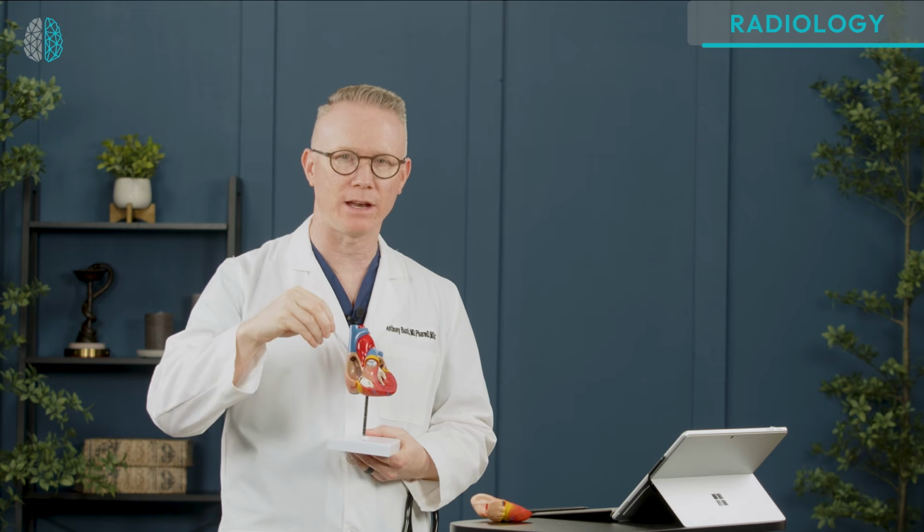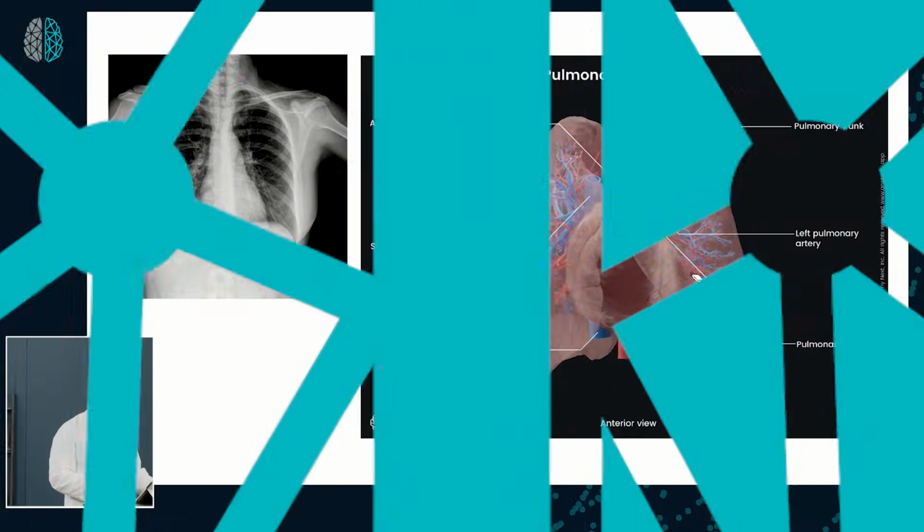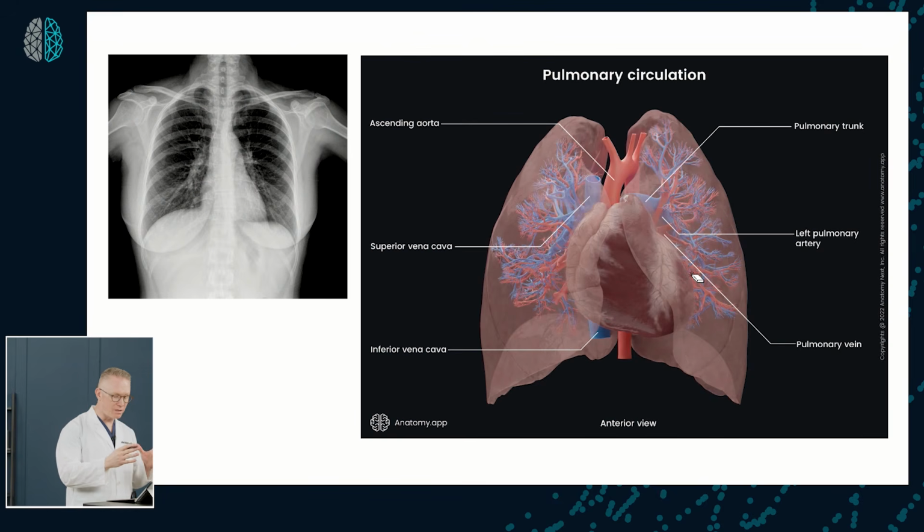So let's now take this model and this imagery, and I'll utilize some other images, and let's integrate it with the image on the X-ray itself. That really makes it come alive and puts something in our minds that we should be looking for, okay? So what you see here is the lungs with the great vessels and the heart in their normal anatomical position and orientation.